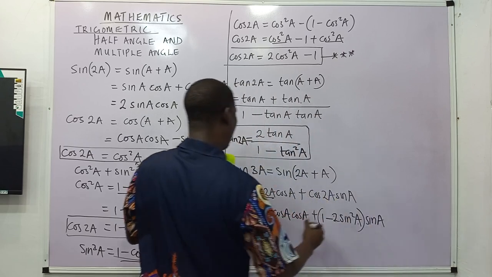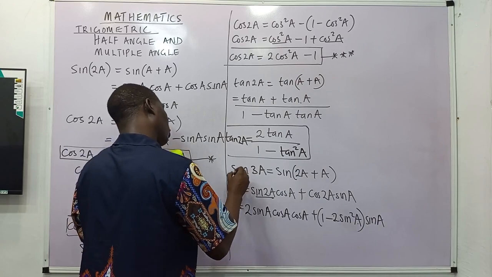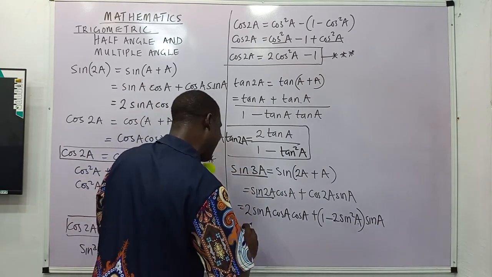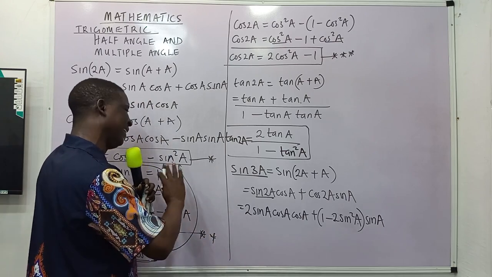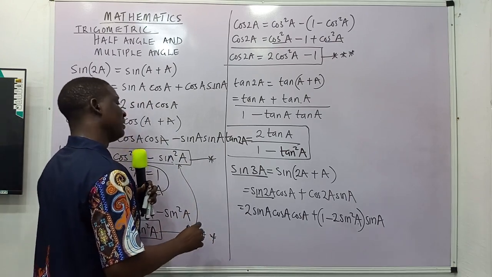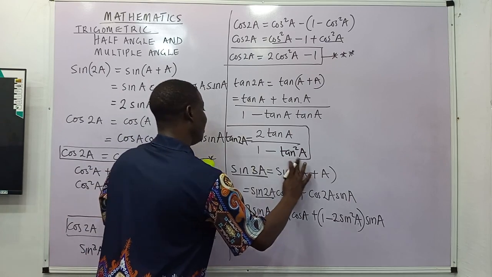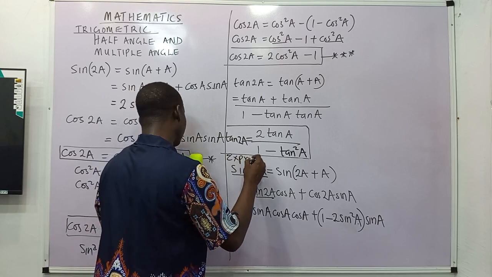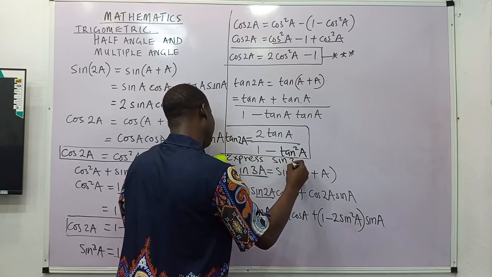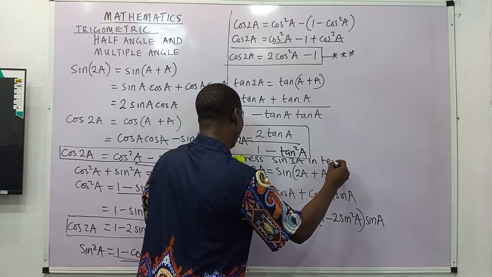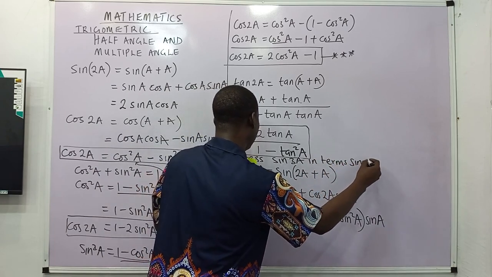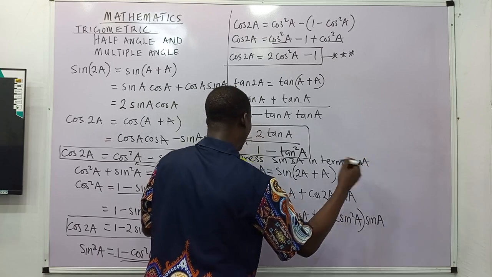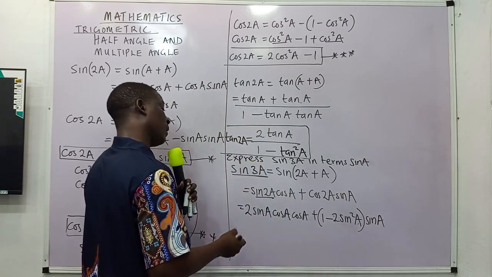Sine A. Now, what am I trying to do? We want to make sure that sine 3A is in the form of only sine, because the way they will ask the question, they will say express sine 3A in terms of sine A only. So that's what I'm trying to do now.